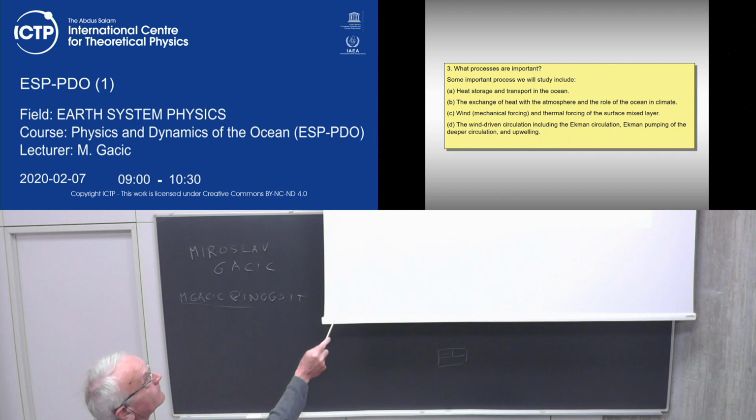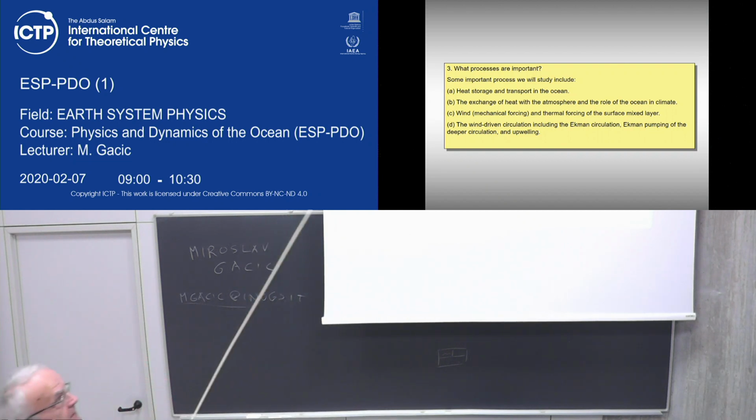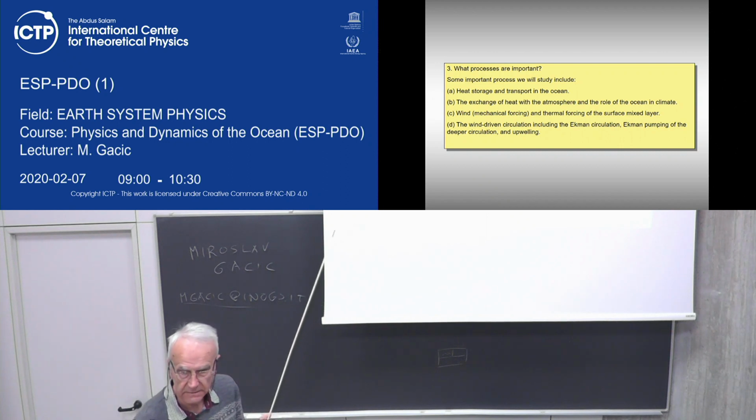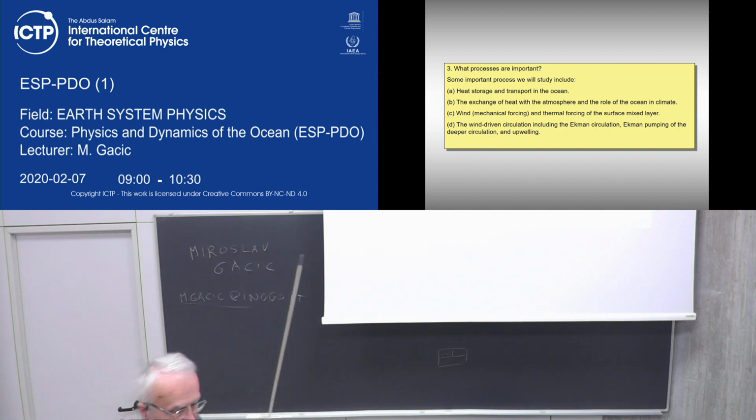What processes are important? Some important processes we will be studying are heat storage and transport in the ocean. The heat is stored in the ocean, and you will see later that the ocean has a large heat capacity.